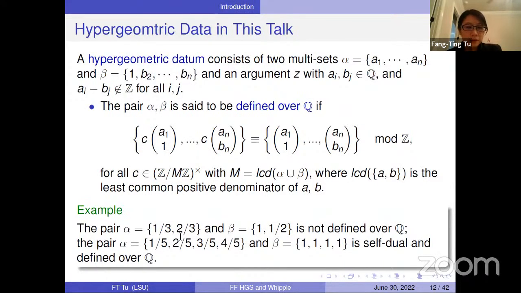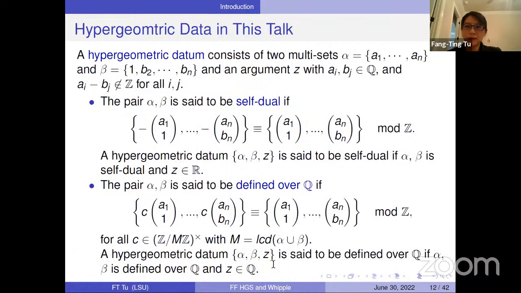Again, the example 1/3, 2/3 and 1, 1/2 is not defined over Q, but the second pair, coming from an example in our Calabi-Yau threefold case, is self-dual and also defined over Q. Okay, so now we have a pair which is self-dual and defined over Q for hypergeometric data.